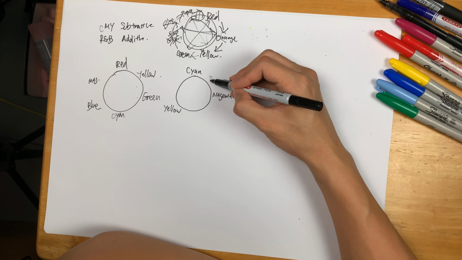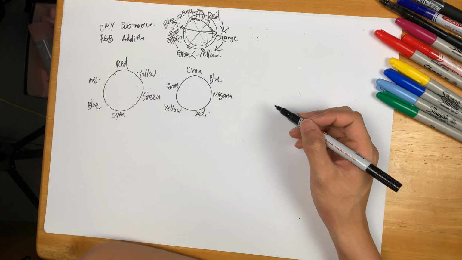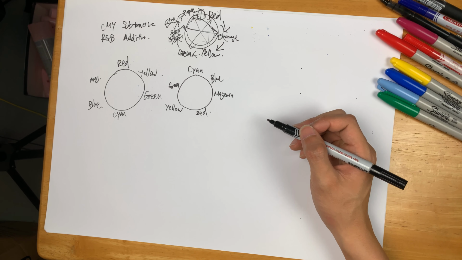Yellow and cyan, green. Yellow and magenta, red. Once you do this a couple of times, you get used to it, and once you start mixing it a couple of times, you will start to remember.